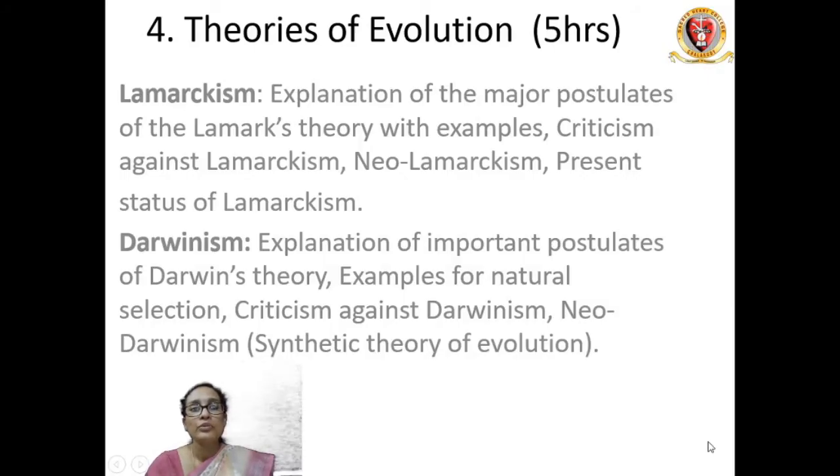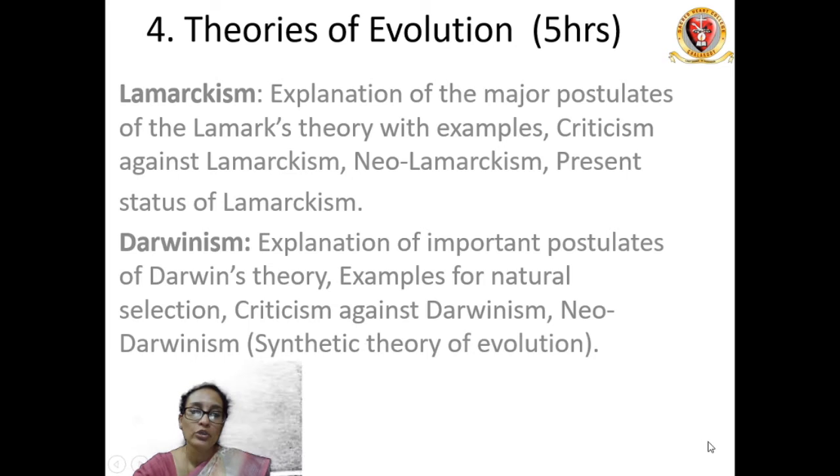So in Unit 4 on theories of evolution, we talk about Lamarck and his theory and Darwin and his theory. The period when Lamarck proposed various postulates and tried to explain the origin of life was called Lamarckism. And during Darwin's time, it was called Darwinism.